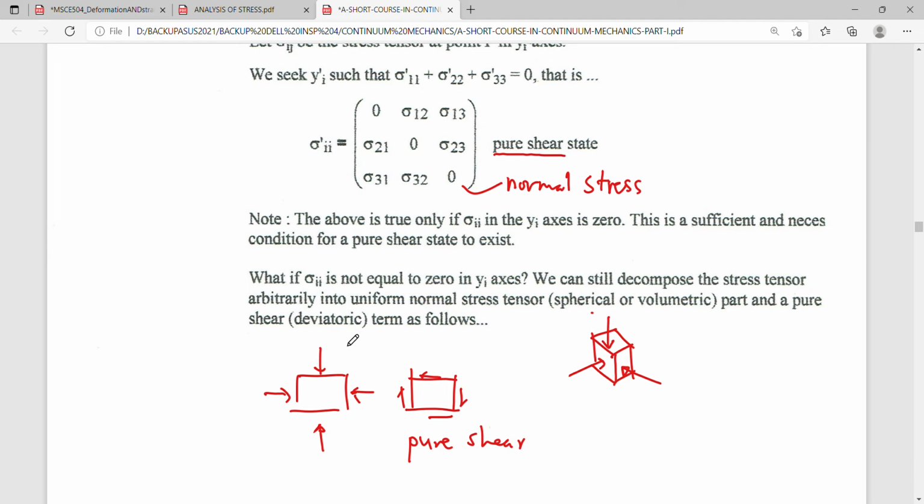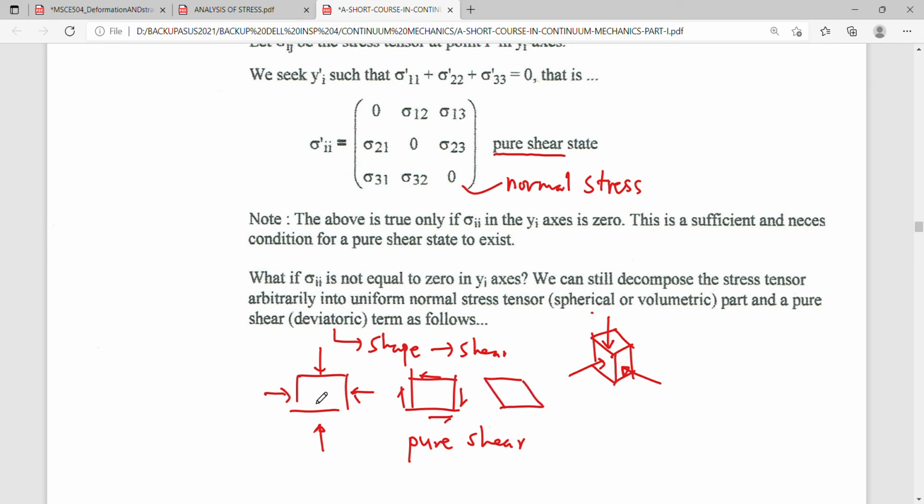So the deviatoric there simply refers to the change in the shape, which has something to do with the shear. So if this will be pulled, the shape will actually be in this form, like this.